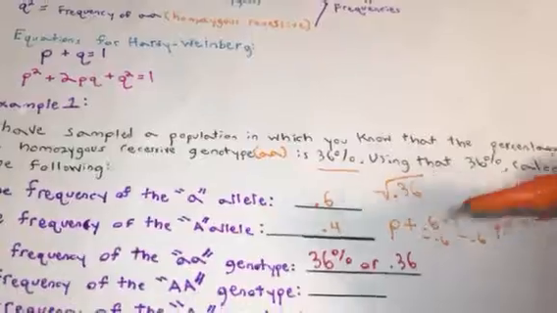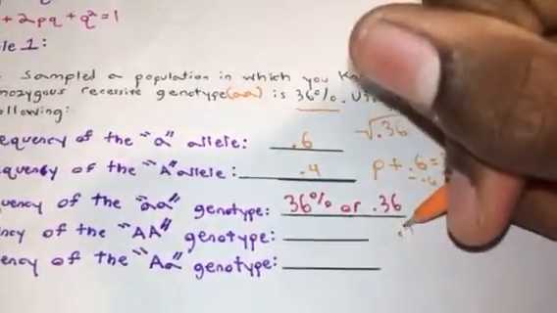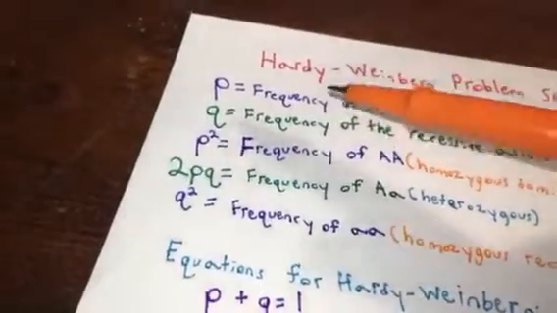To get from B to D, you have to square it. So it'll be 0.4 squared, because remember that p and p squared are similar. The only difference is p is not squared. So in order to get p squared, you have to square p.